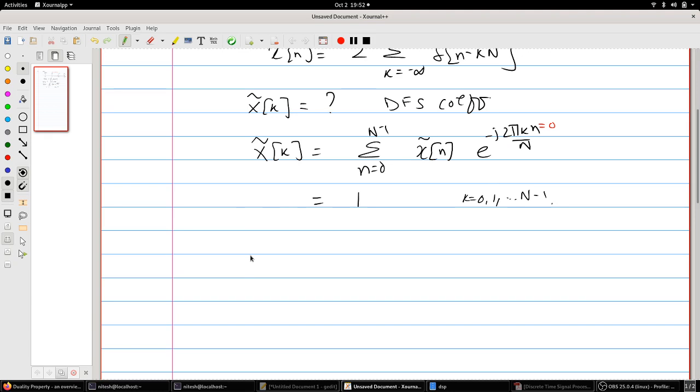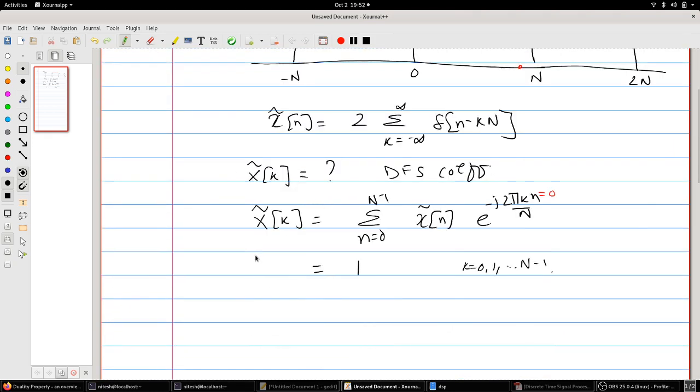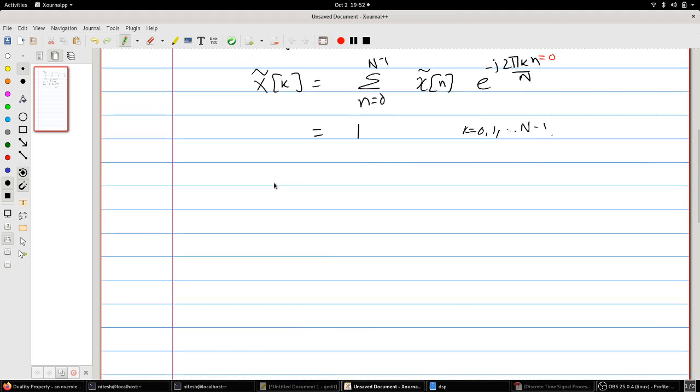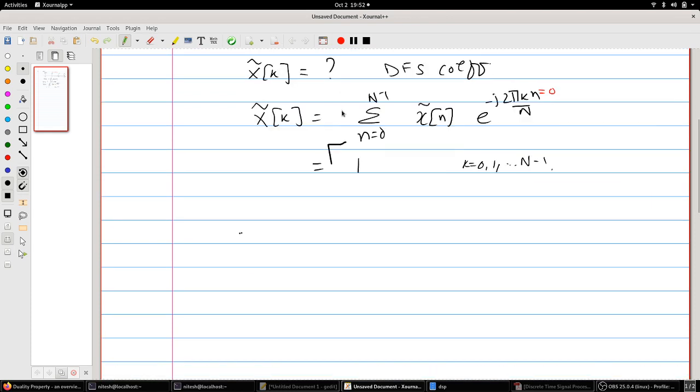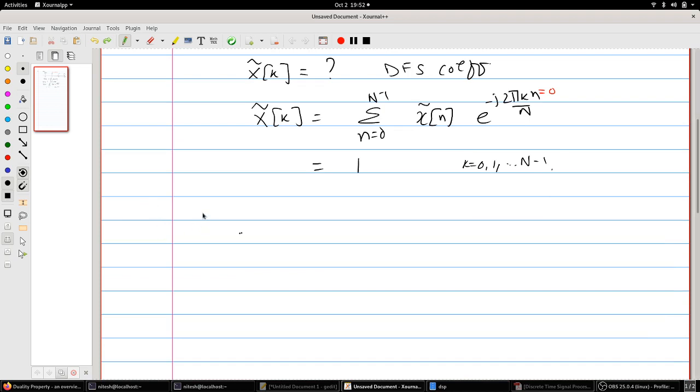Okay, so now let me see if the inverse DFS works. Right now this is the answer for you, the DFS coefficient. Let me just go the reverse way, assuming that x tilde of k is equal to 1.